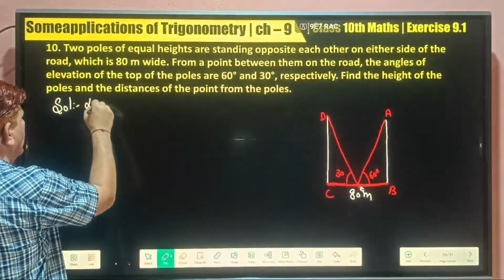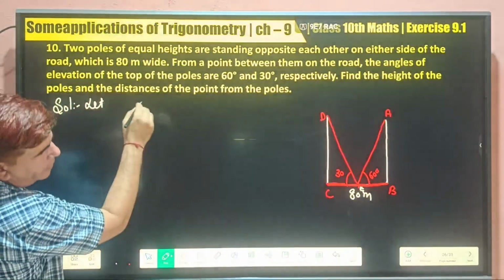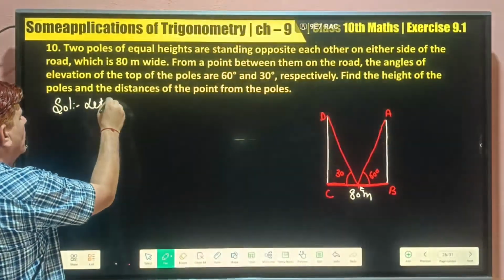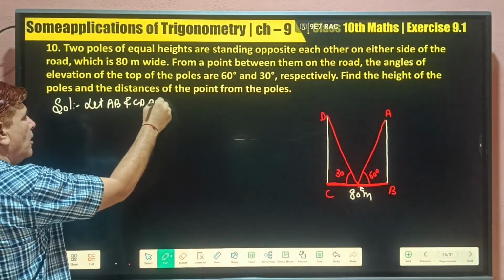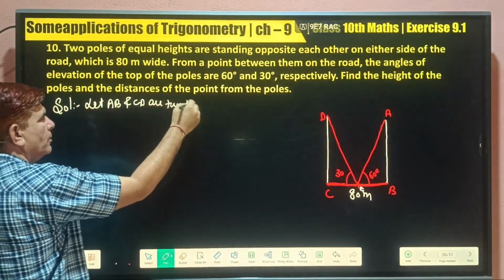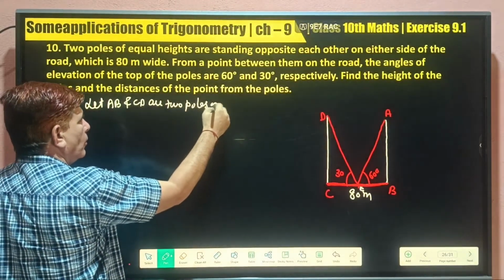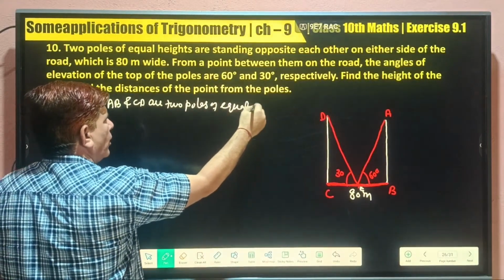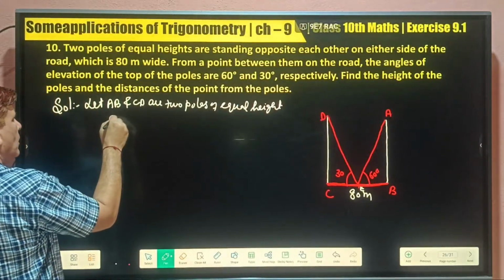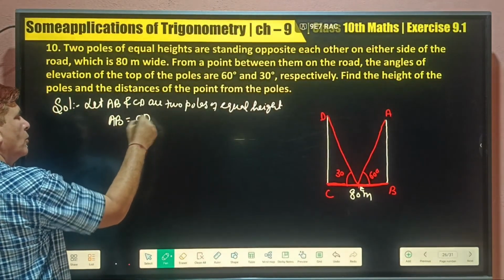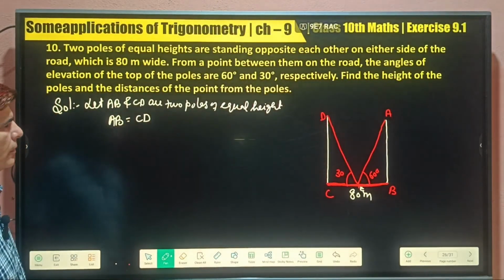Let AB and CD be two poles of equal height. That is, AB equals CD.